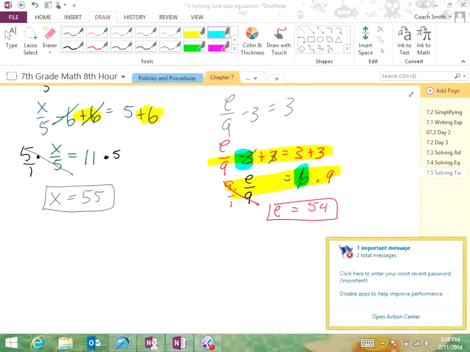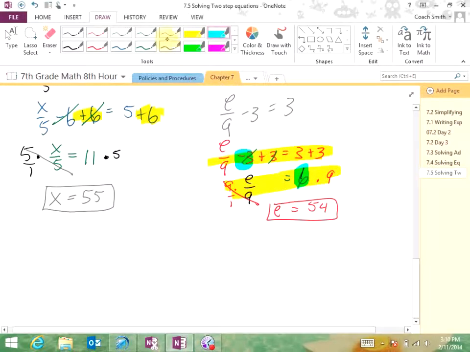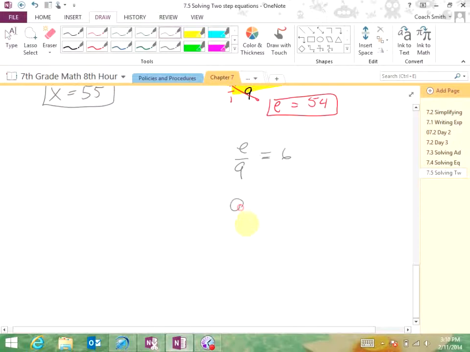Now I'm just taking, let me rewrite it. E over 9 equals 6. And what they're saying is basically this. What can you divide 9 into? In other words, let me write it a different way. They're saying 9 into this number, we don't know what that number is, 6.